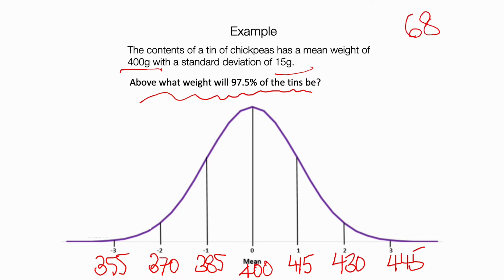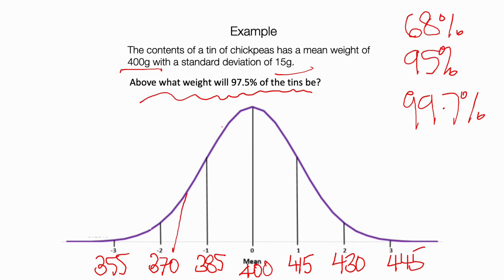So 68% within one standard deviation either way, 95% within two standard deviations either way, and then 99.7% within three either way. What's quite useful here is 95%, because we know that these four middle parts all add up to 95%.